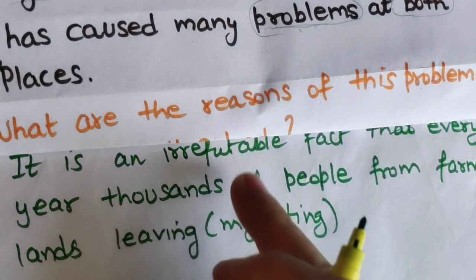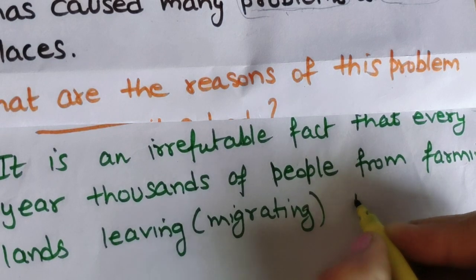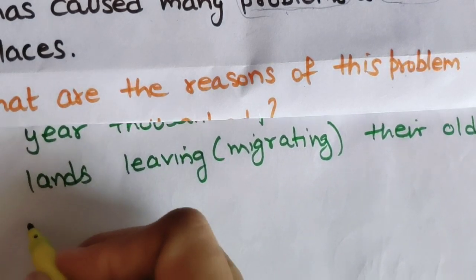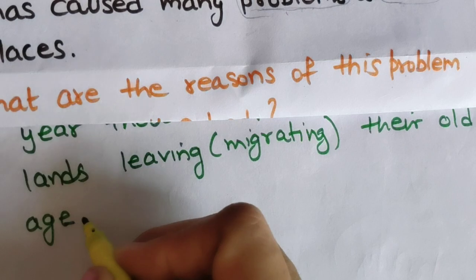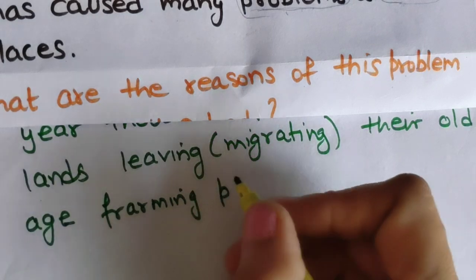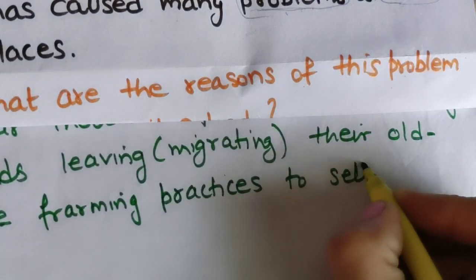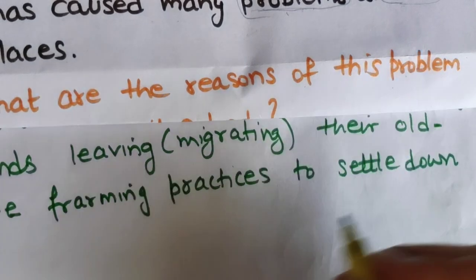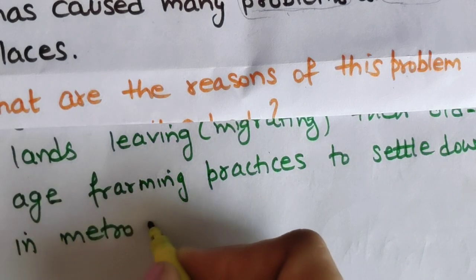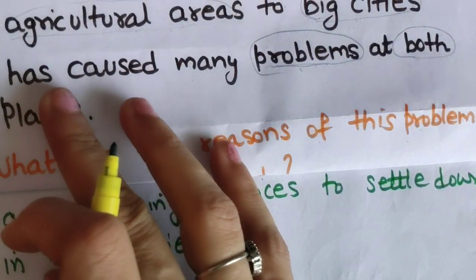Every year thousands of people from farming lands leaving their old age farming practices to settle down in metro cities.